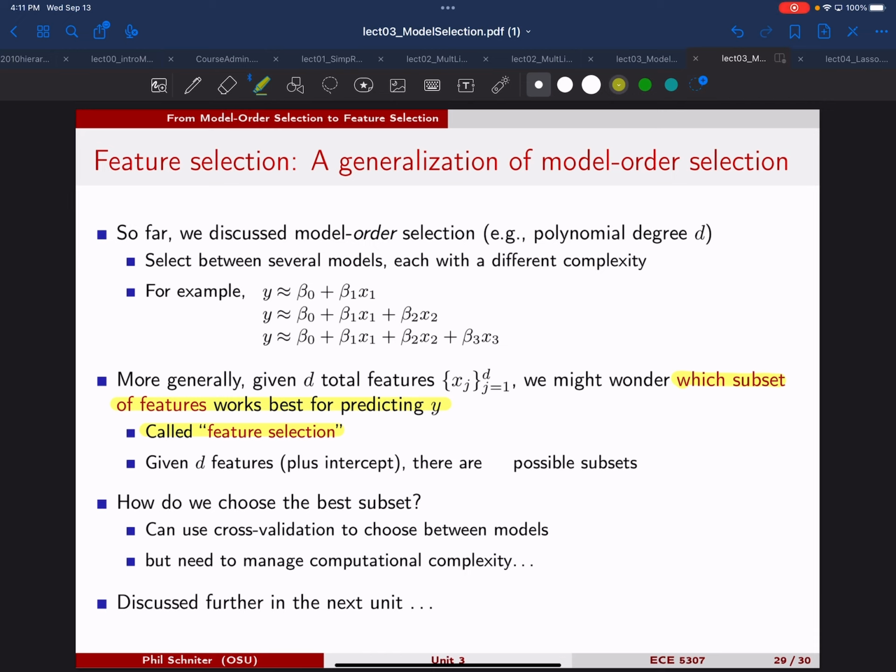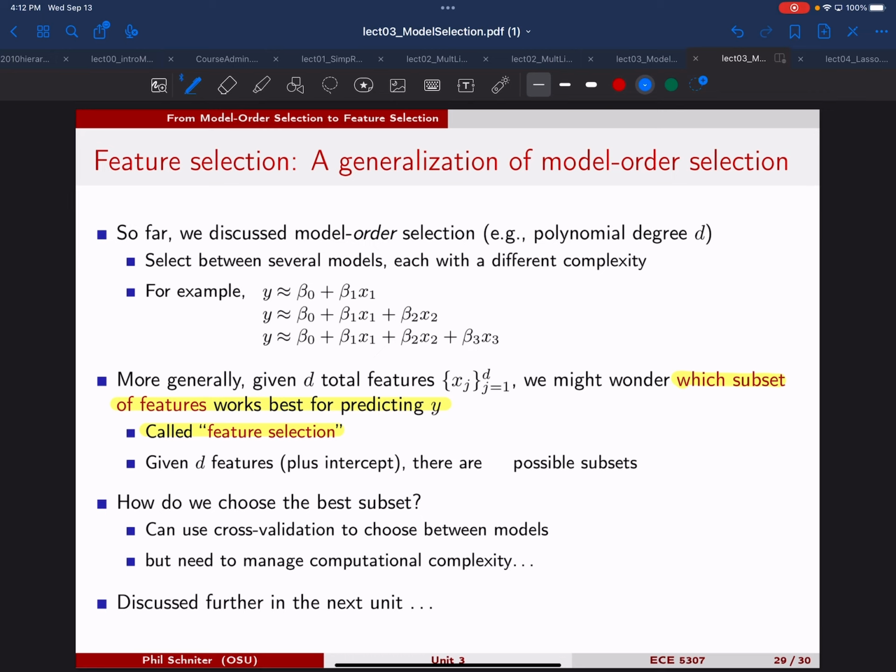So, for example, how many choices do we have now when we do feature selection? Did you have a guess? 2 to the power d. What do you think? Does that sound right? Okay, so let's think about it this way.